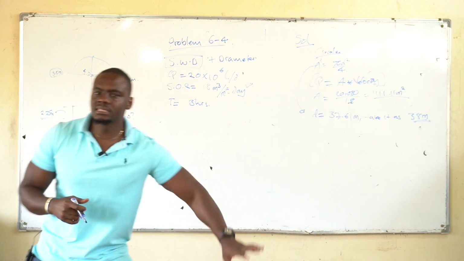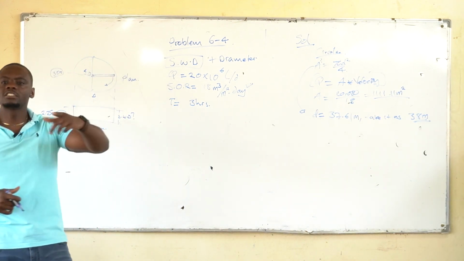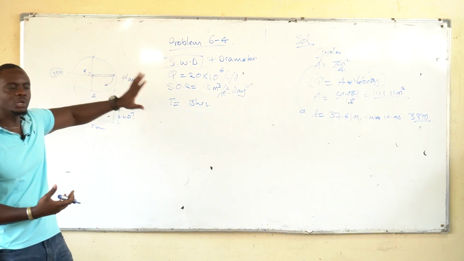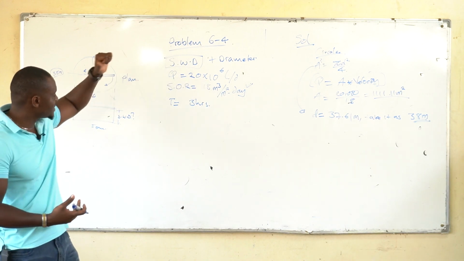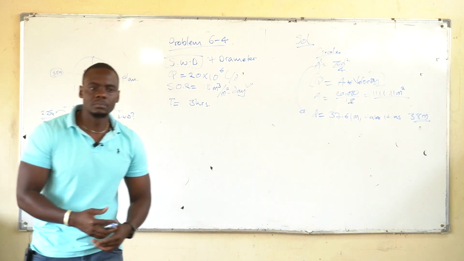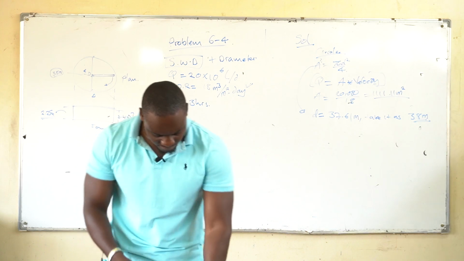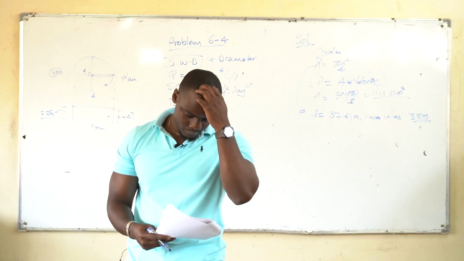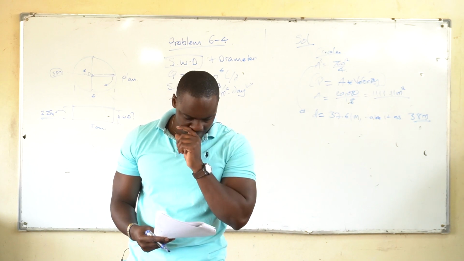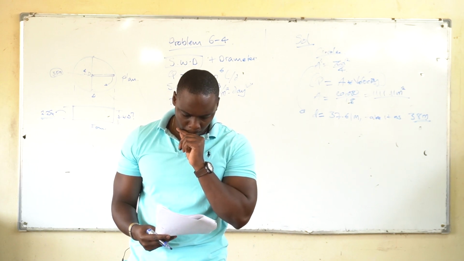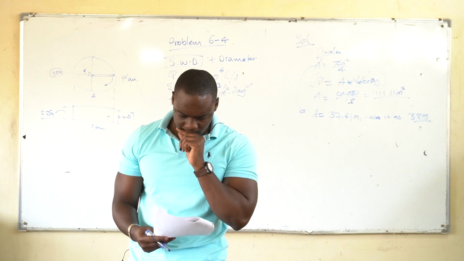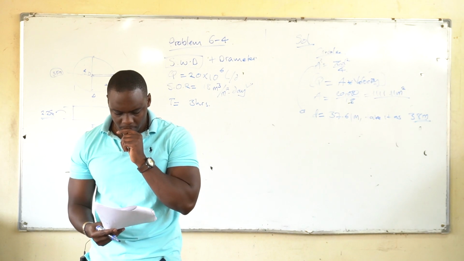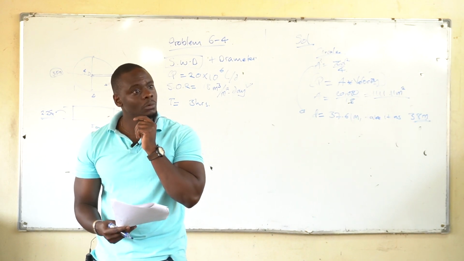The module hasn't made this sketch, but I would expect you, since you are designing, to also put in a sketch and show me where the diameter is and where the side water depth is. Any questions?